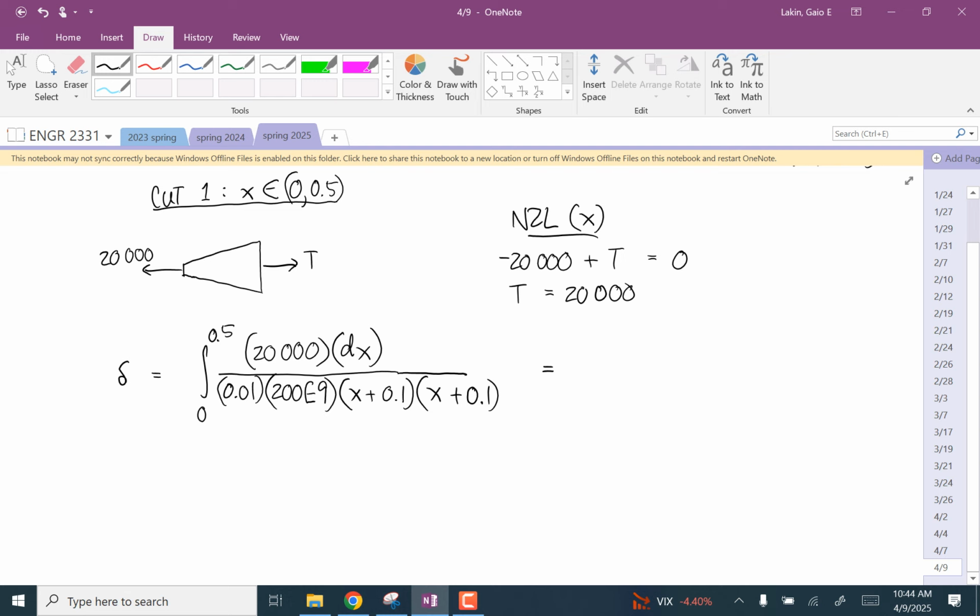So we have 1 times 10 to the minus 9 times the integral from 0 to 0.5 of dx over x plus 0.1 times x plus 0.1.